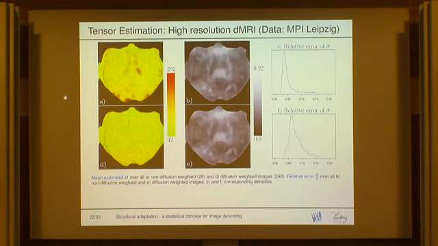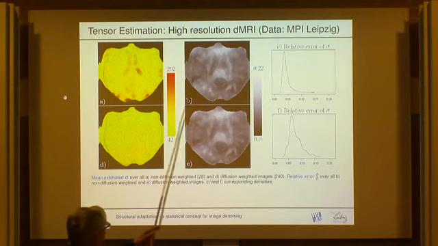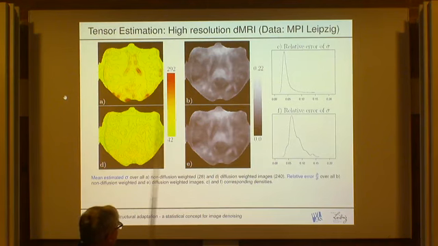On the right hand side, what you see are estimates of sigma, and this is the relative error in estimation of sigma obtained from replications.